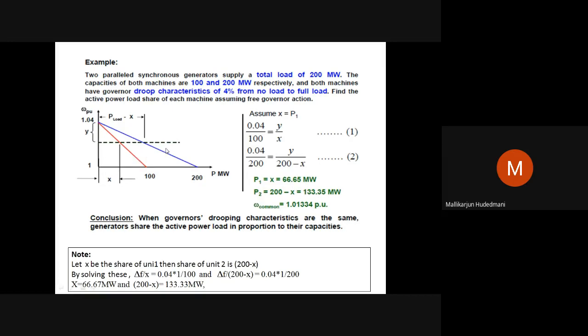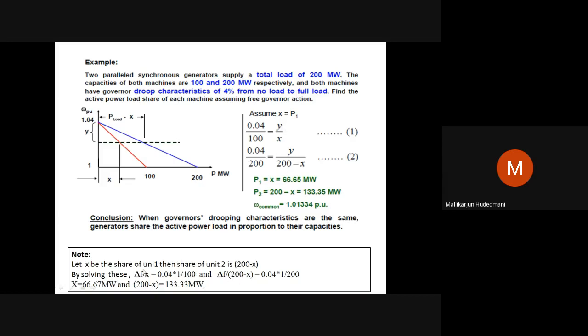So in proportion, I can write 0.04 divided by 100 equals y by x from the machine 1 perspective, and 0.04 divided by 200 equals y divided by 200 minus x. Then I can take the ratio of these two equations, equation 1 and equation 2. Y is common, nothing but delta f. So delta f by x, delta f by 200 minus x. Are you able to see?